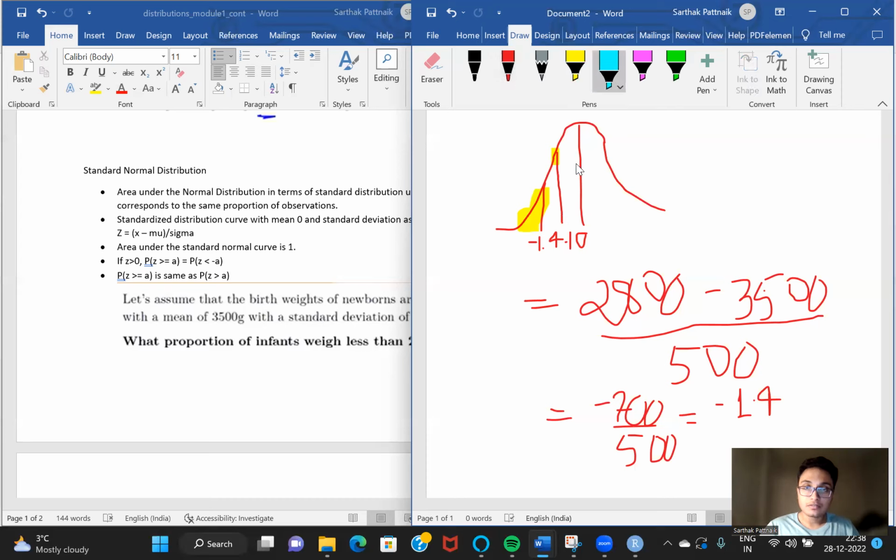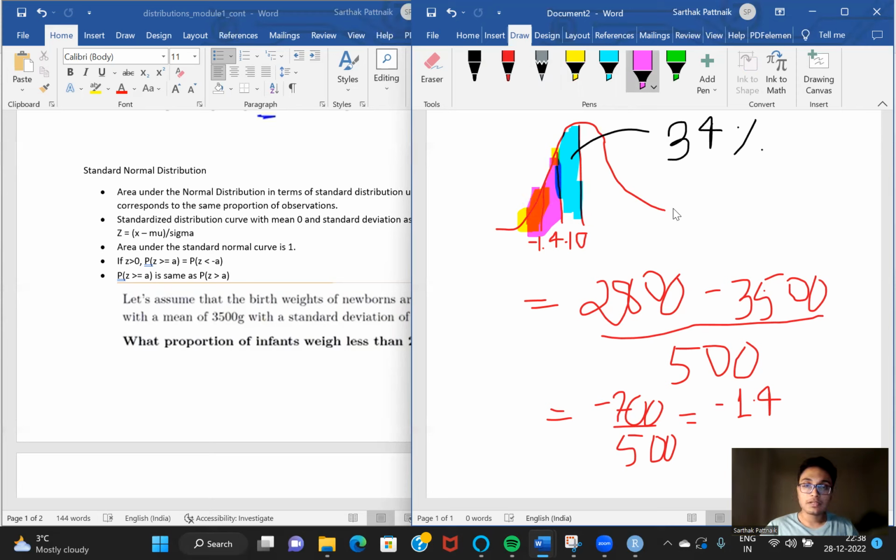This area is 34%. Fifty minus 34 is 16. So this area right here, which includes this and this, is 16%.